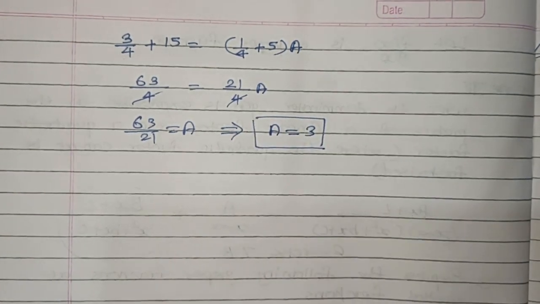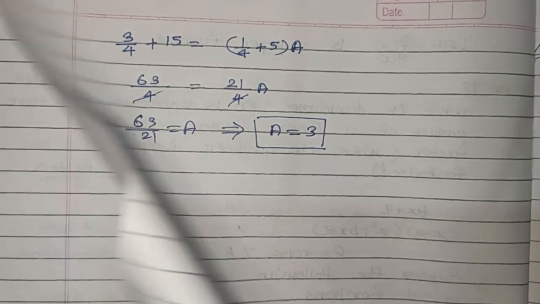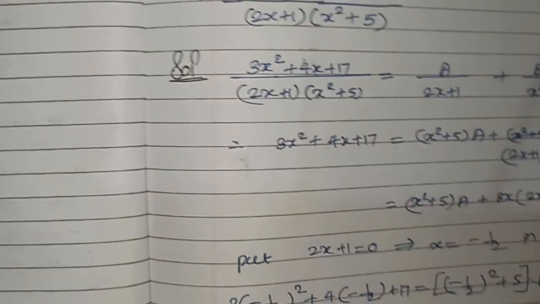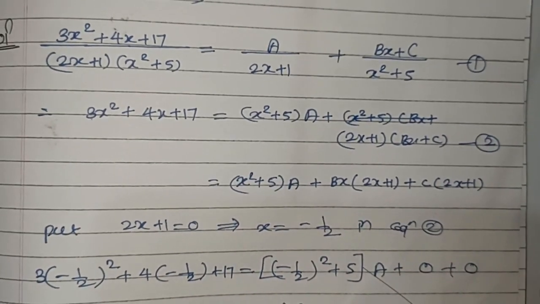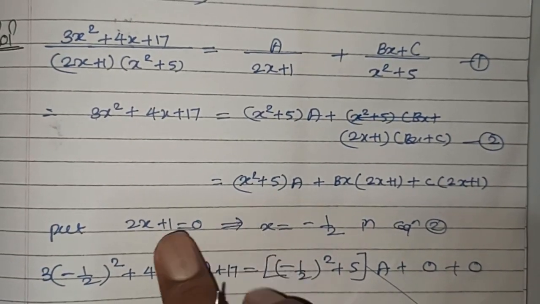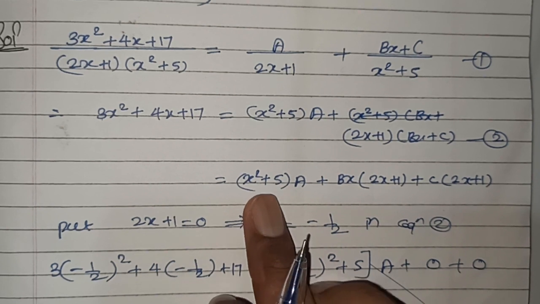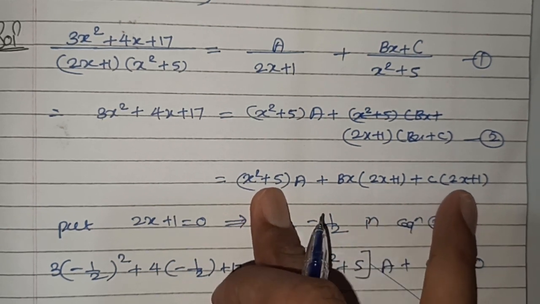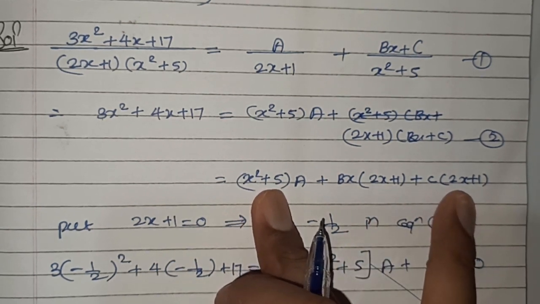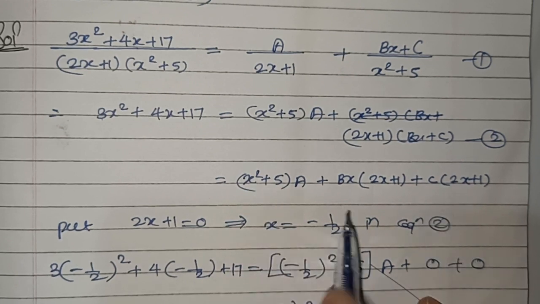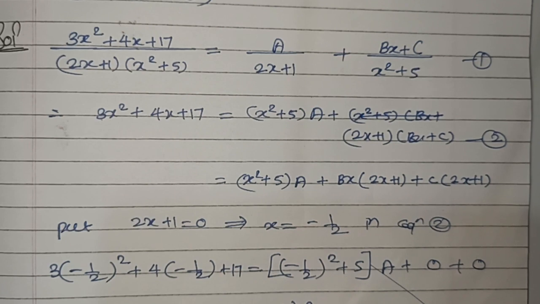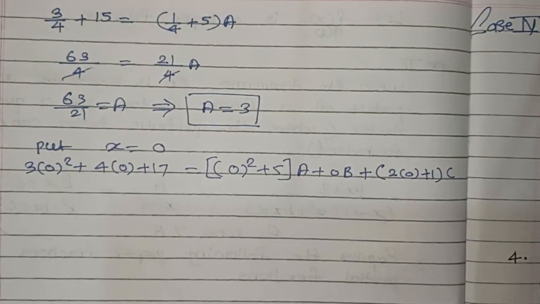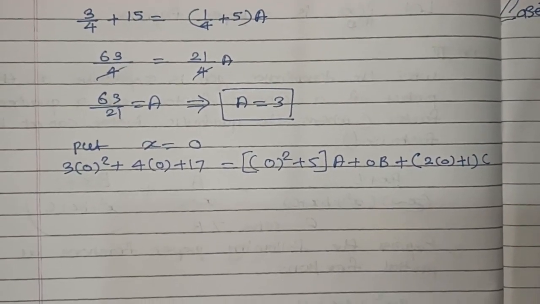Okay. Next one we have to find the value of b and c. Equation number second. In this, a and c में तो कोई common bracket नहीं है. So we can put x equal to 0 in equation number second.